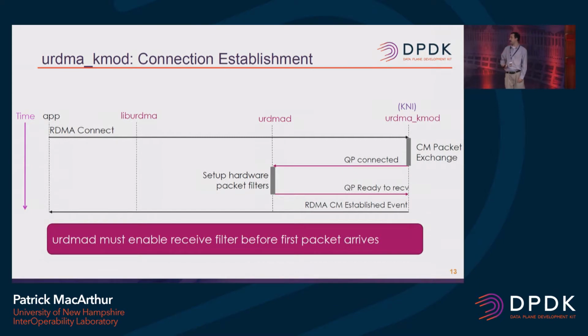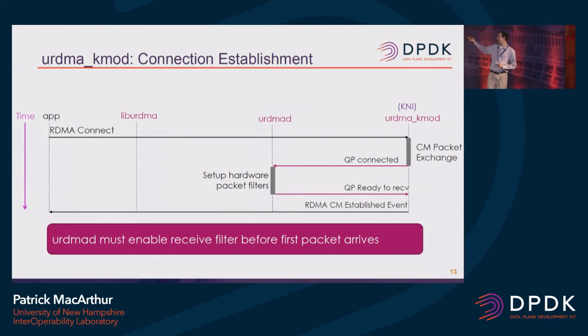Connection establishment is the other interesting thing: making sure that we get the hardware filters set up before the connection is established and the application starts making verbs calls. Because there are so many different things that have to interact here, when the application calls RDMA connect, that goes into the kernel. The kernel is the one that actually does the connection management packet exchange.